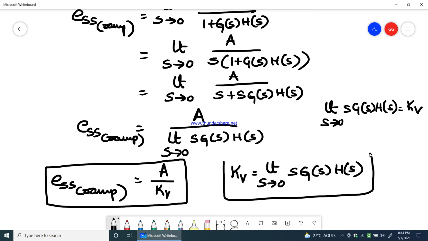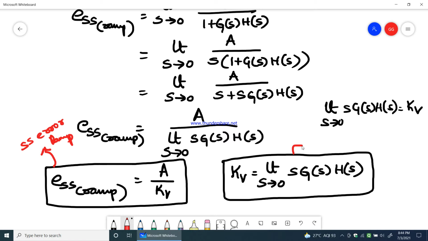Now this is the steady state error of ramp, whereas this is called the velocity error coefficient. Keep this in mind.